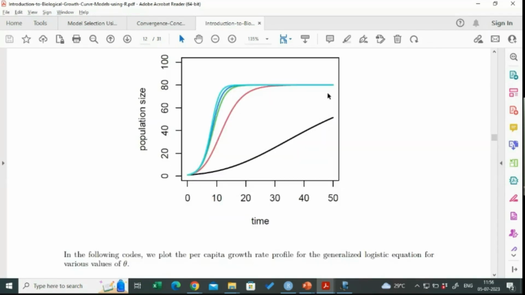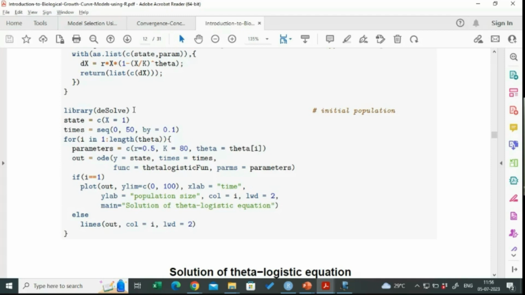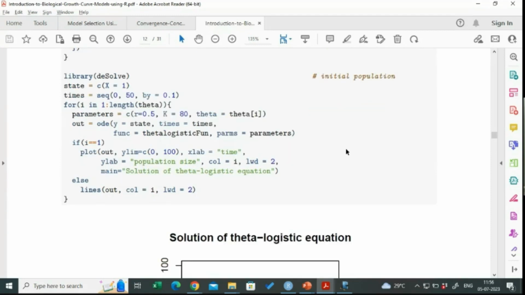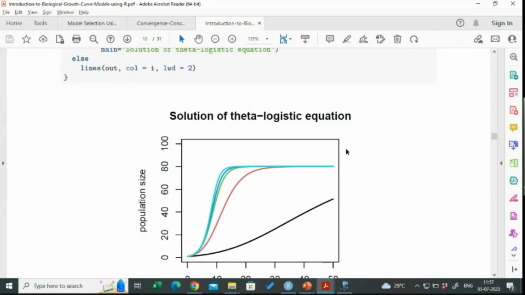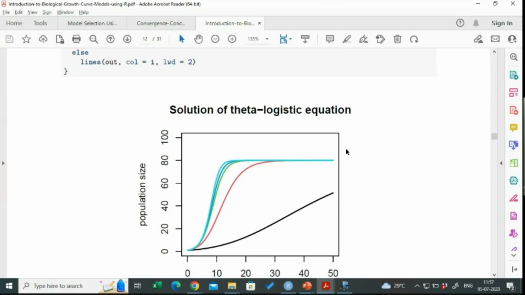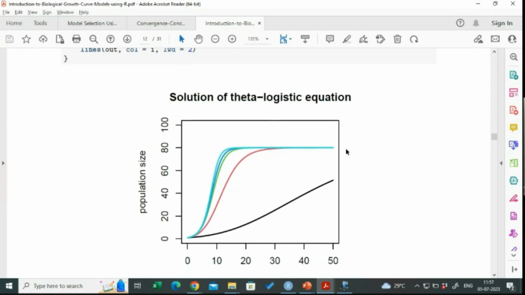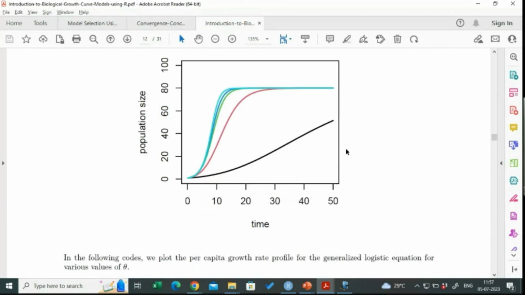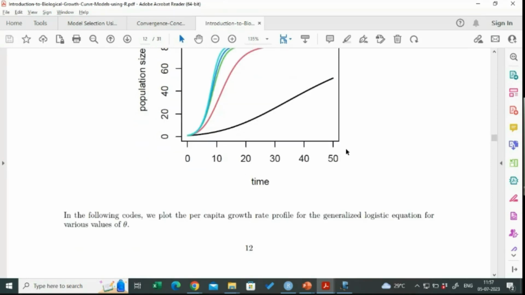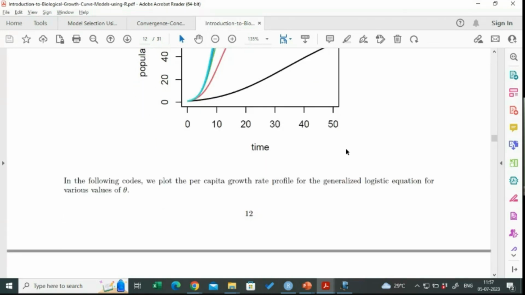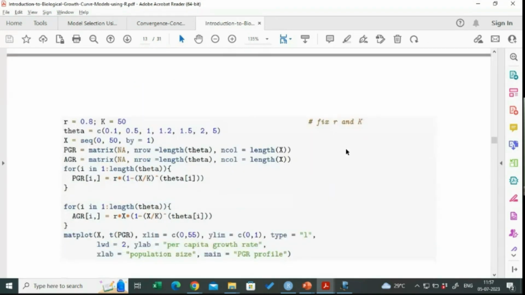Again, there is a solution given for different values of theta, and this particular code is available to you. You can execute it and choose different values of theta, and you can see how the population is settling down. Here also the carrying capacity K is a fixed point, and it is actually a stable point also.